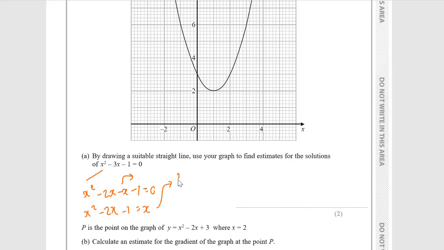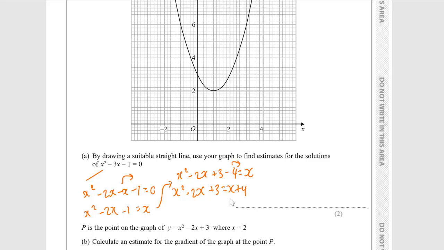So I'll write this up here, x squared minus 2x, and then we can say, excuse me, plus 3 minus 4 equals x, because if we compute these two we get minus 1. x squared minus 2x plus 3 equals x plus 4, because we take that to the other side.